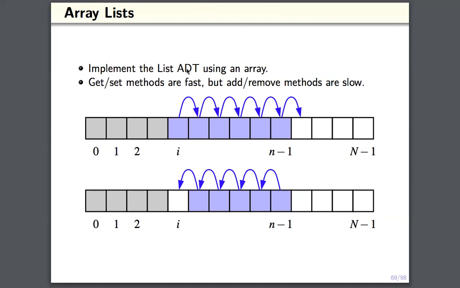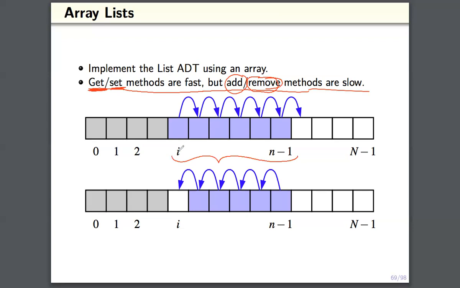Get and set methods are fast, but add and remove methods are slow. Why is that? Get of I, accessing an index, is super fast. Set at I, setting at an index, is super fast. But adding at an index and removing at an index, as you have already seen in our first scoreboard application, require a lot of shifts.